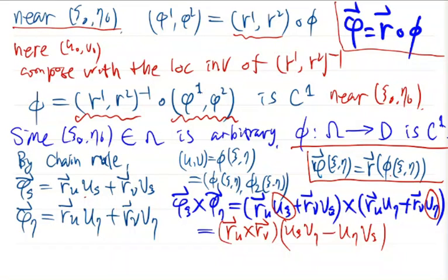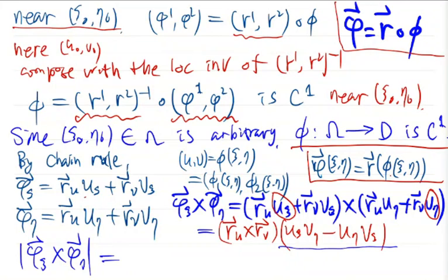So, taking the norm of this, we obtain the norm of phi_ξ cross phi_η. The norm is the norm of the right hand side. The right hand side is a real number multiplied by a vector. The norm of this is the absolute value of the real number multiplied by the norm of the vector.